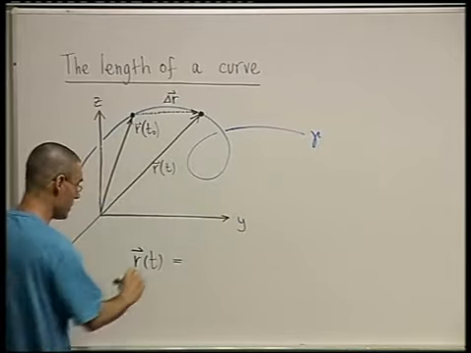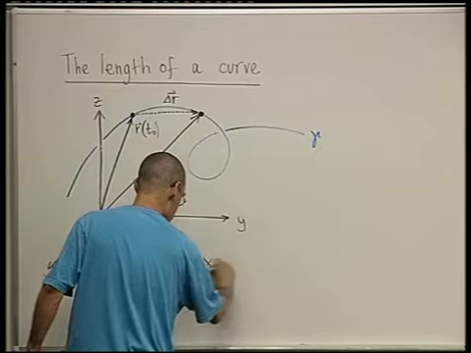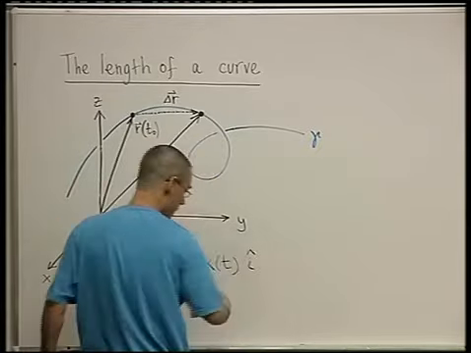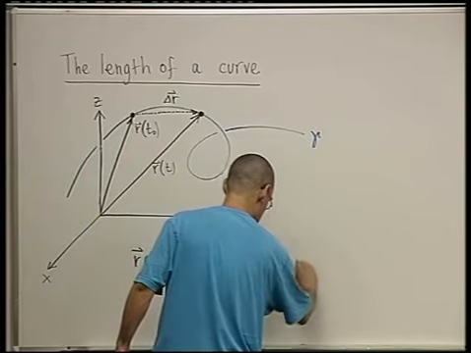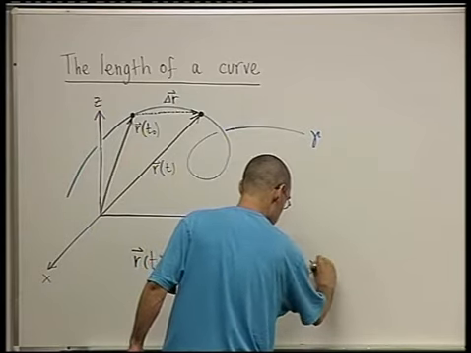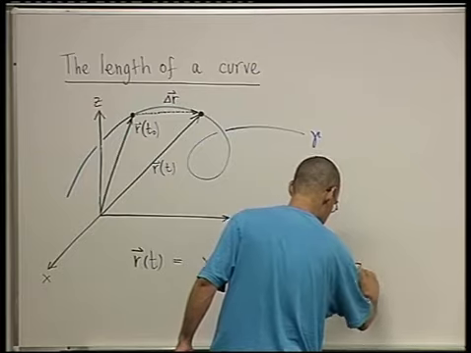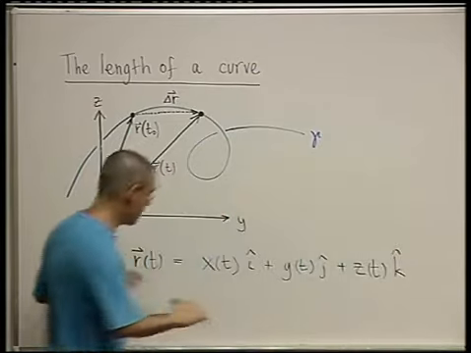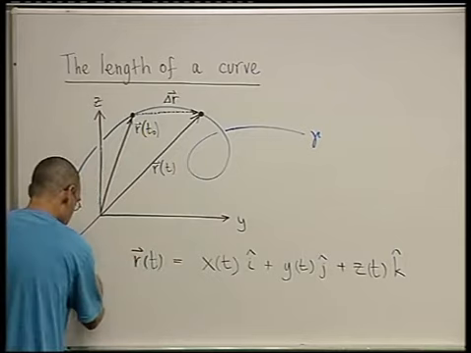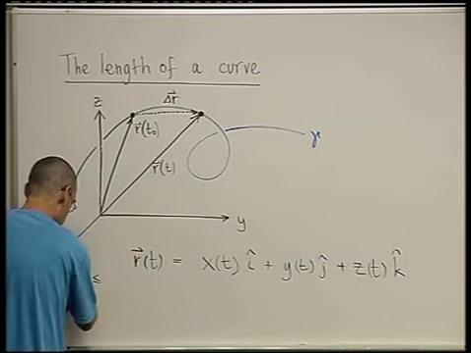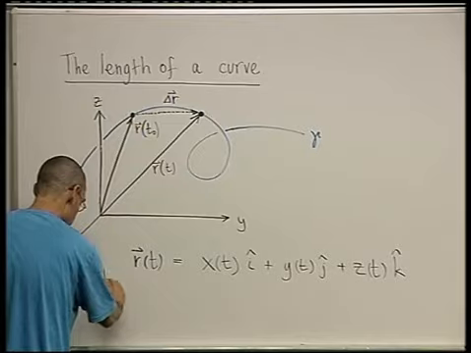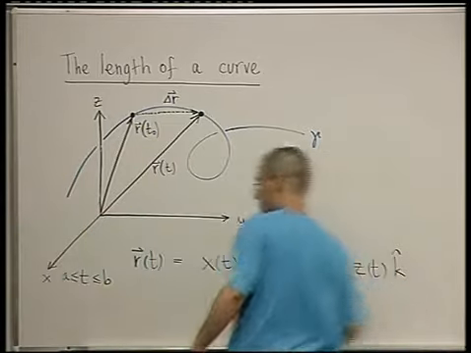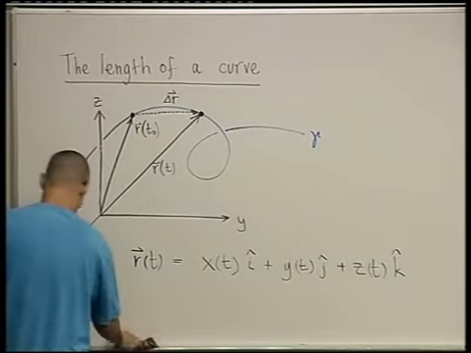I'm just reminding you. So r of t was some function of t, which is x of t in the i direction, plus some other function of t, y of t in the j direction, plus some function of t, z of t in the k direction. So that's a parameterized curve where t runs between some 2 values which can be infinity if it's not a bounded curve.